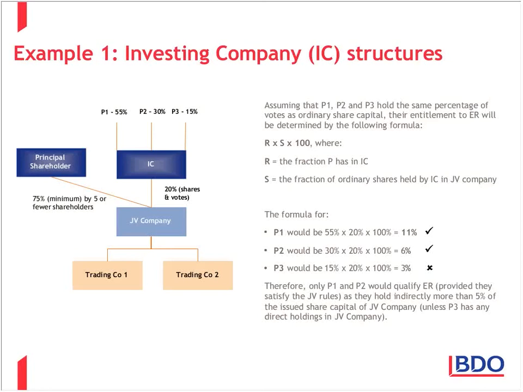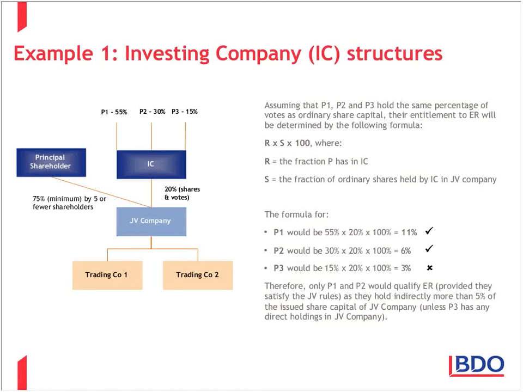So in order to determine whether P1, 2 and 3 get through the ER gateway, we need to apply the formula to their holdings in the investing company and then the investing company's holding in the JV company. So if we start with P1, she holds 55% of the ordinary share capital in the investing company, and for simplicity, we've assumed here that the ordinary share capital and the votes are the same.